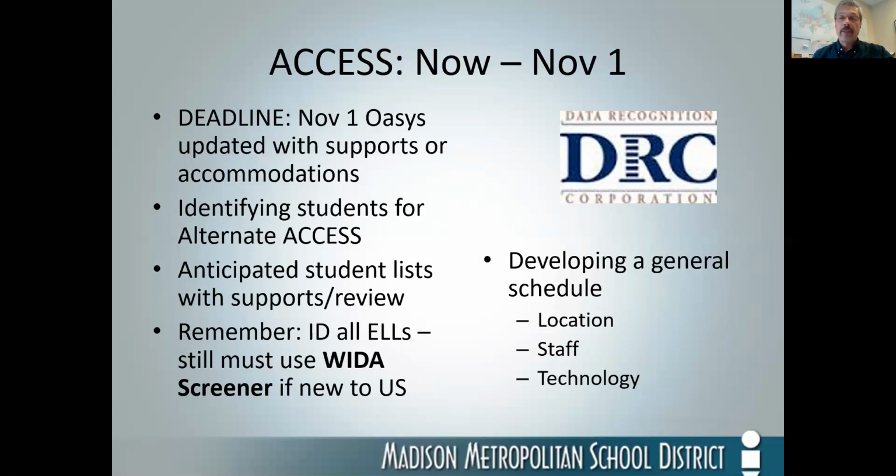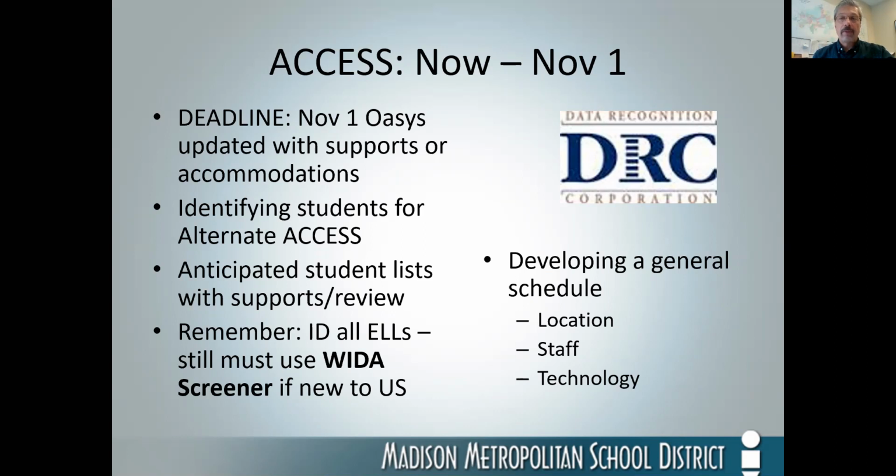So if they are being taught to the Wisconsin Model Academic Standards, the Common Core, then they will be taking the Access assessment. If they are not, they're being taught to alternate standards that the state has set up, then they would be qualifying for the Alternate Access. So again, anticipated student list, we'll be getting those out to you.